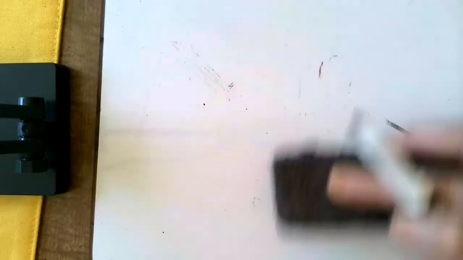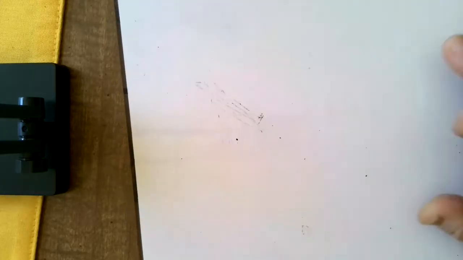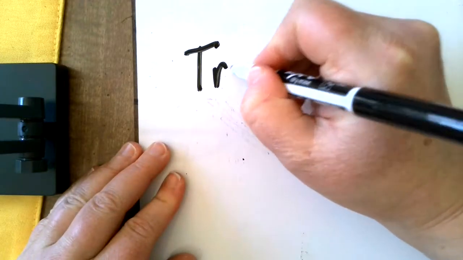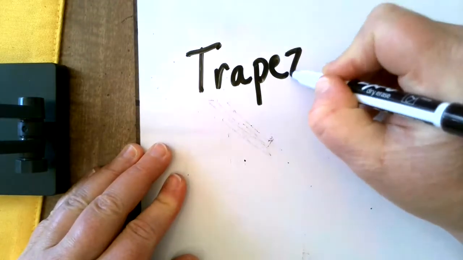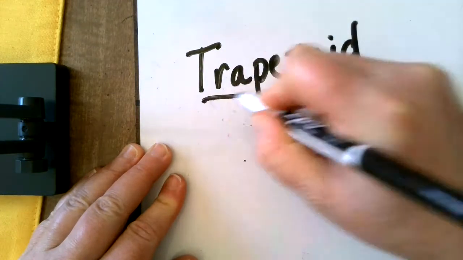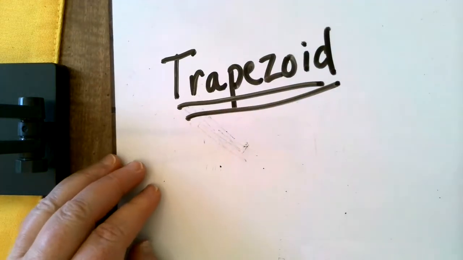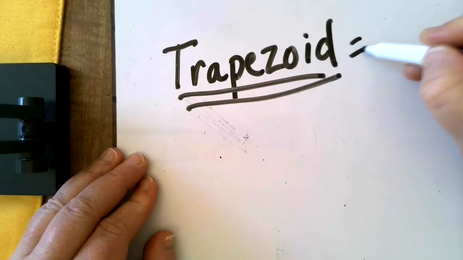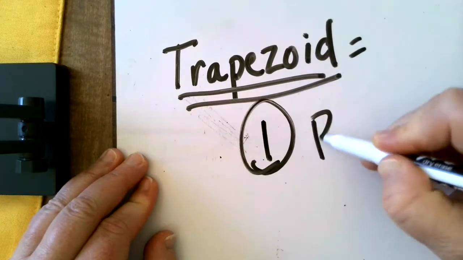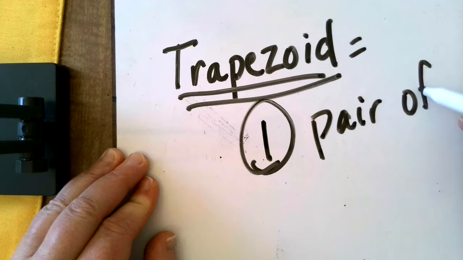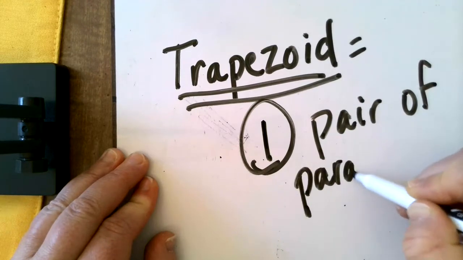So the oddball in this group is called a trapezoid. And the trapezoid only has one pair of parallel sides.